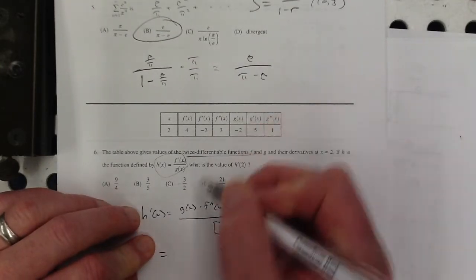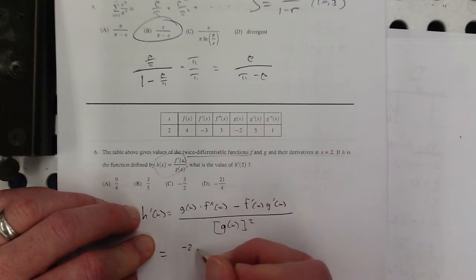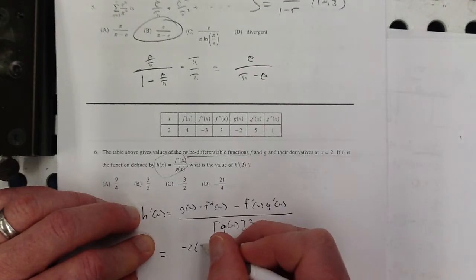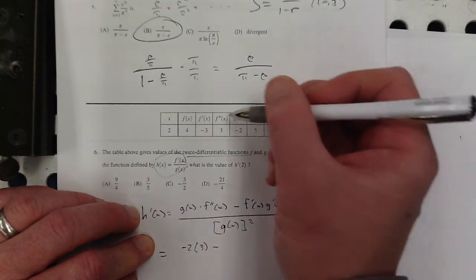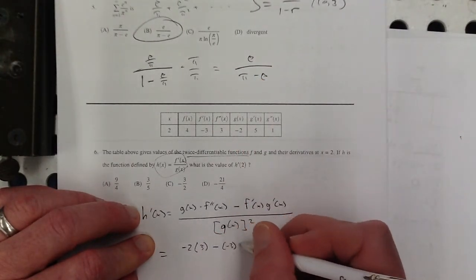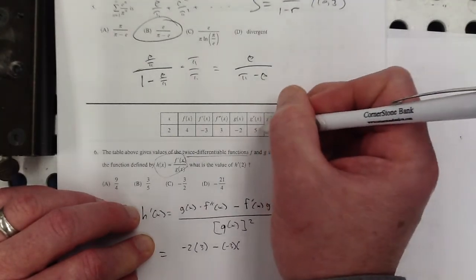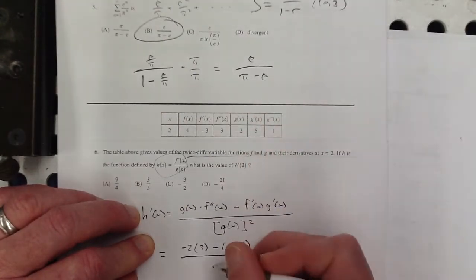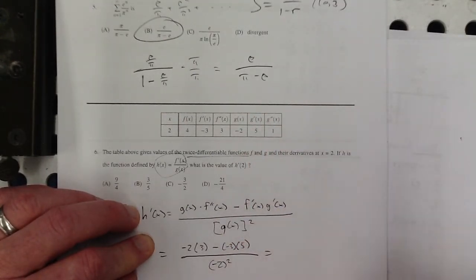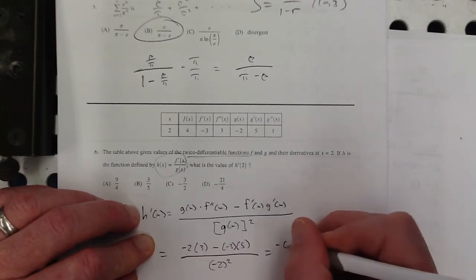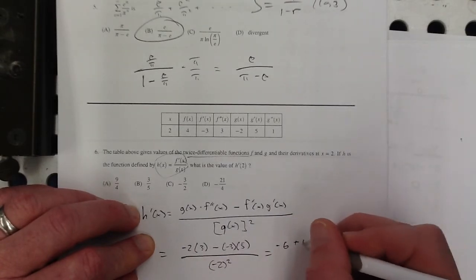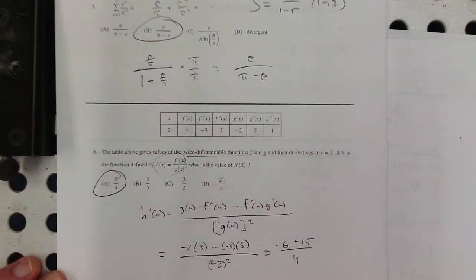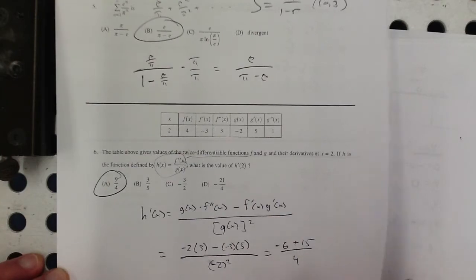So g of 2 is negative 2 times f double prime of 2 is 3. F prime is negative 3. G prime is 5. And g is negative 2. Let's see if I did that error-free. So that's negative 6 plus 15 over 4. 9/4. Well, the answer's there, and it's the right one.